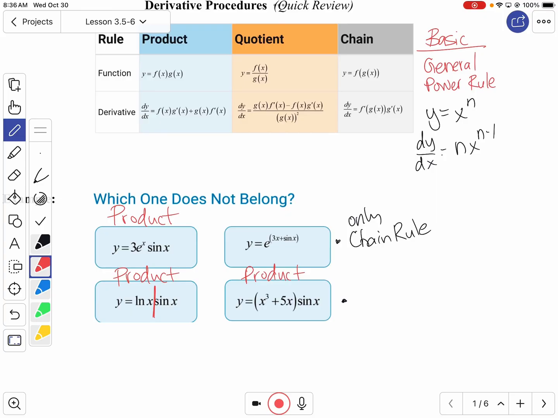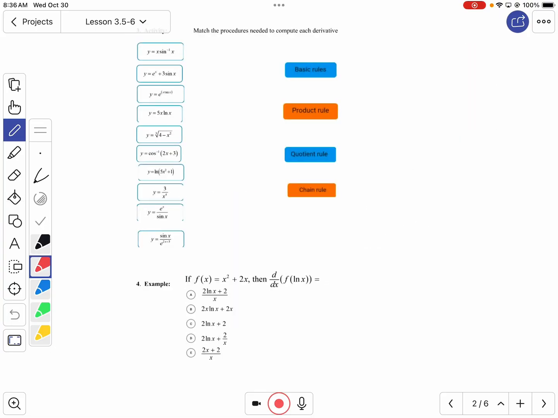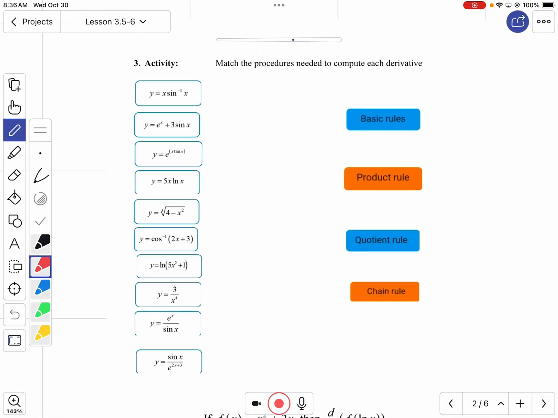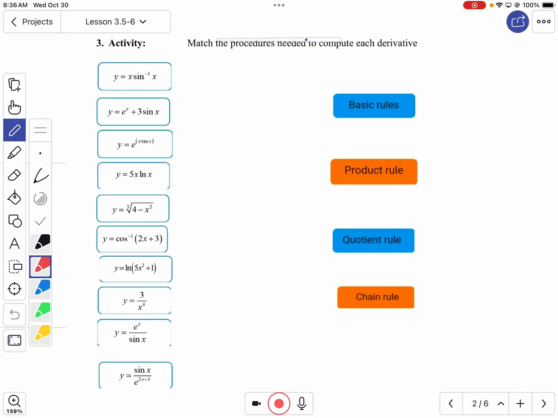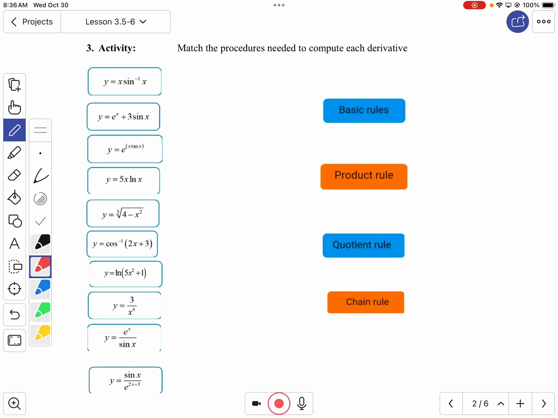All right, so here's what I want you to do. Flip over to the next page. What we want to do is match the procedure. So we're going to have lots of lines here needed to compute each derivative. Would I need just the basic rules? Let's just start with what's the primary thing we'd need to do.